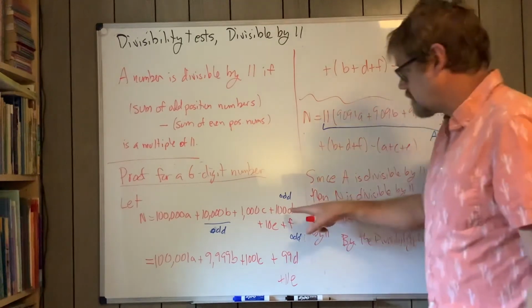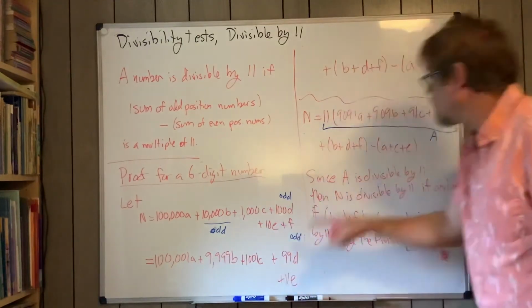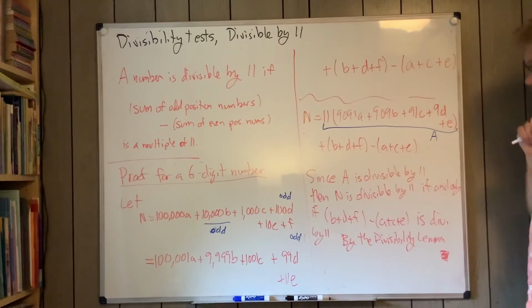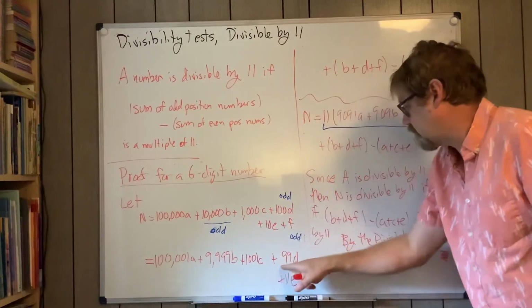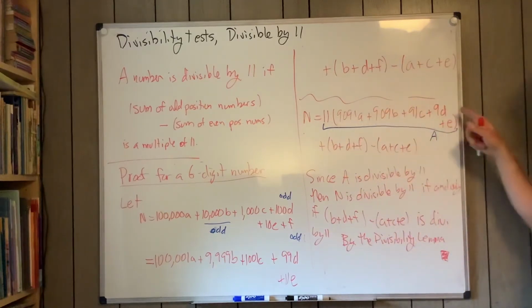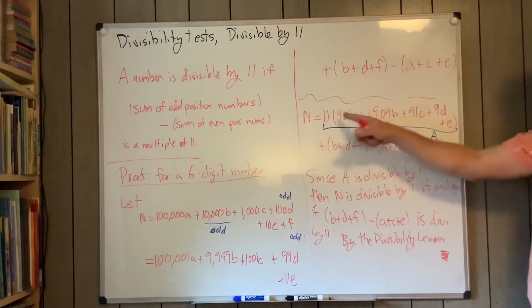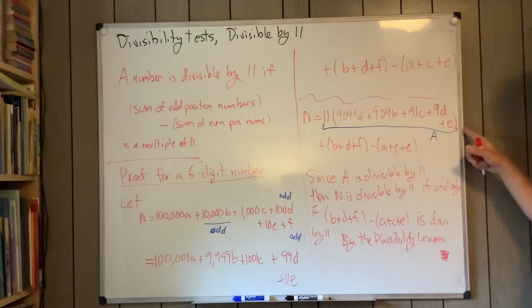Okay, so I'm going to rewrite N as this thing plus this thing. And then I note that these 1, 2, 3, 4, 5 terms all have 11 as a common factor, and we factor out 11.